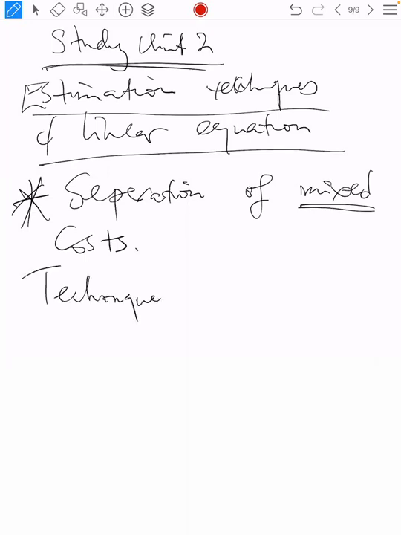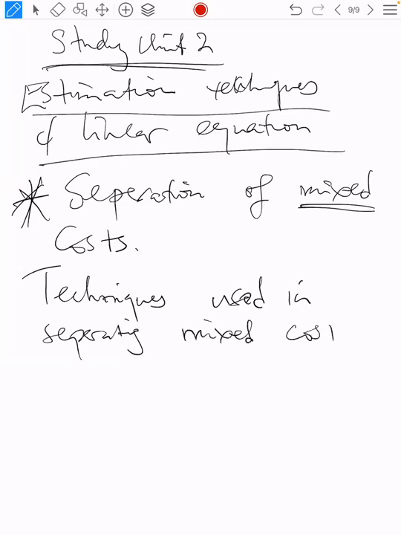Techniques used in separating mixed costs. Right, we do need to separate our mixed costs into fixed and variable in decision making. Because why do we have to separate them? Because if we want to reduce our cost, we can only work on our variable costs.